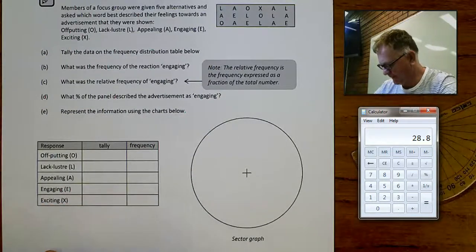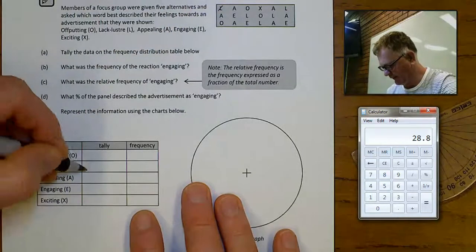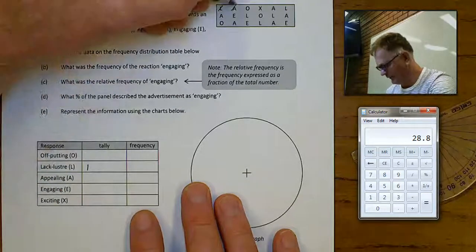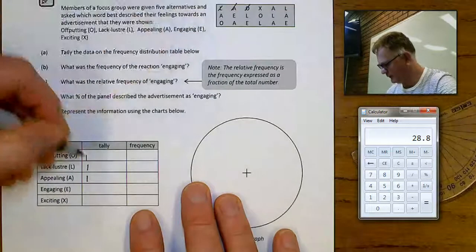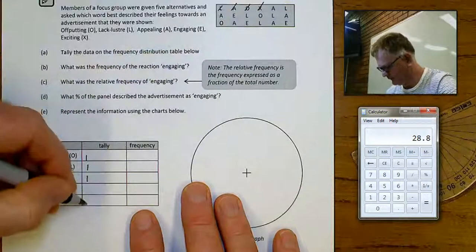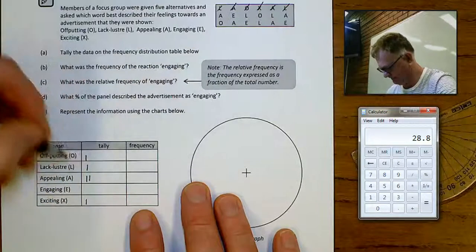L is for lackluster. We're going to tally the data down here. A is appealing, off-putting, exciting, appealing, lackluster.